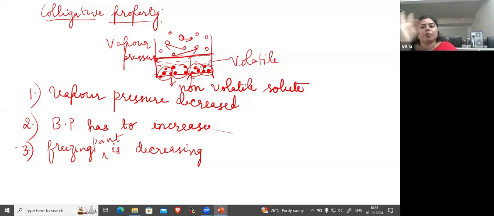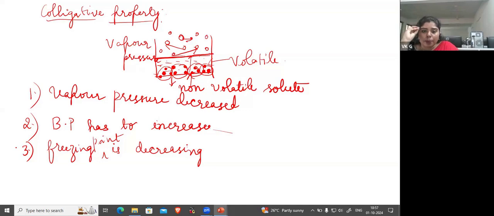Because you came, all the problems started: vapor pressure decrease, boiling point increase, freezing point decrease, correct? When it was only water there was no trouble at all. So any property that depends on the number of solute particles added, I call it a colligative property.